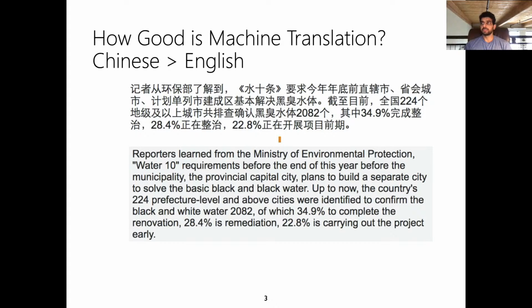Google Translate and other translate tools are used all over by many, many people, and neural networks have significantly improved their quality.